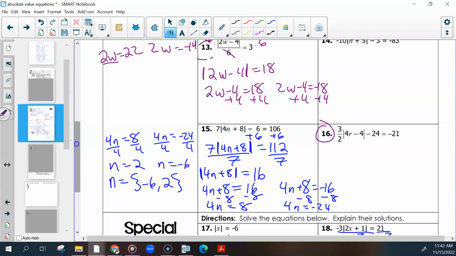So if you solve this, what does W equal?